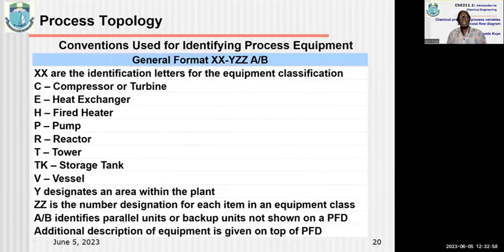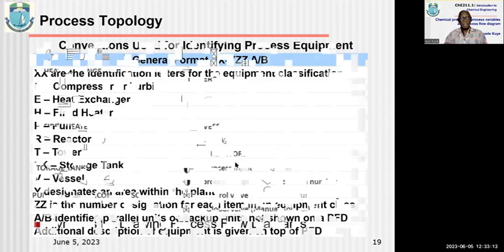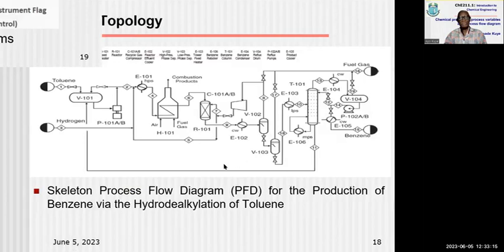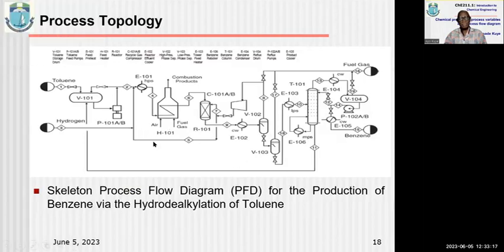So now let's look at it, because in the other one you've seen that we saw H, V, and all the rest. So if I go back, I told you that we'll get to, you can see them here. H101, P101A and B. So what does this mean?